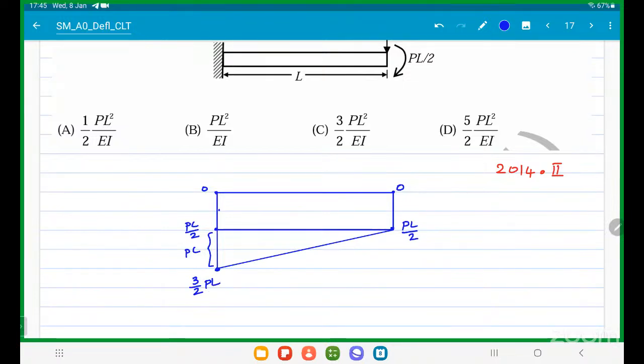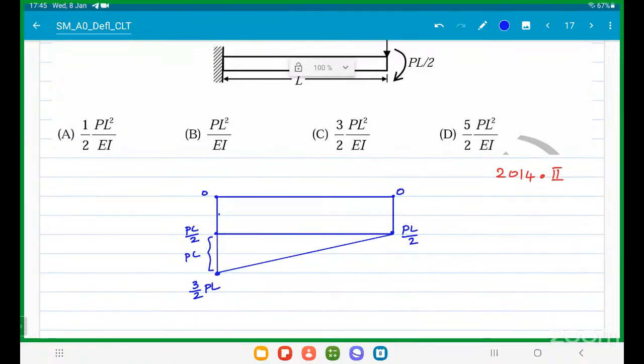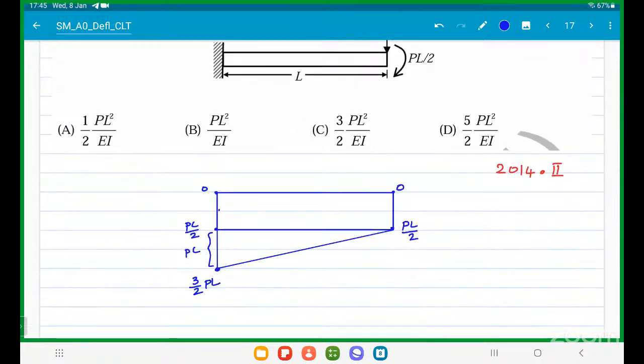Right? Okay. So what do you want? Slope. Where? Sir, at the free end, sir. Now, where is the calculation point? Where is the slope equal to 0 point? Theta equal to 0 point, y equal to 0 point. Right? Okay, sir.